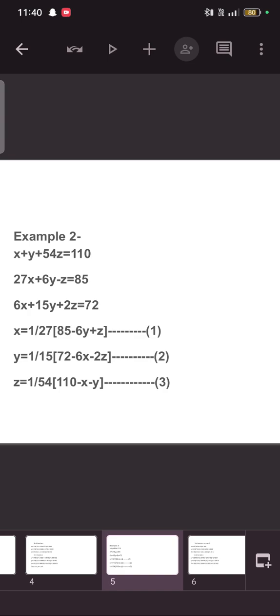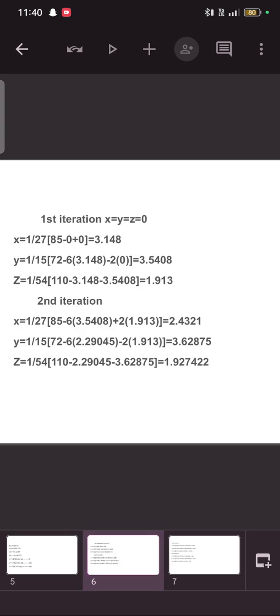Let this be equation 1. And y is equal to 1 by 15 bracket 72 minus 6x minus 2z bracket close. That is equation number 2. And z is equal to 1 by 54 bracket 110 minus x minus y. Let this be equation number 3.